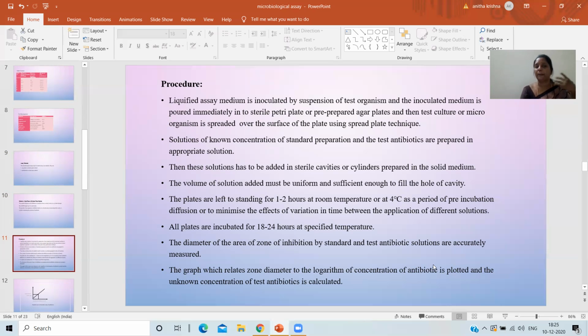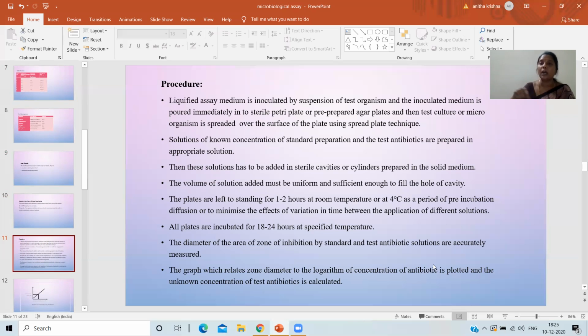Then the plates are left standing for 1 to 2 hours in order to avoid the variations due to the time interval difference. For example, you made 10 pits, and you are adding standard solution in 5 pits and test solution in 5 pits. First you add in the first pit, second pit, third pit, fourth pit, and by the time you add to the 10th well, there would be a time gap.